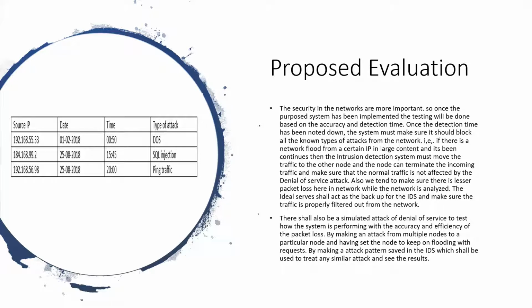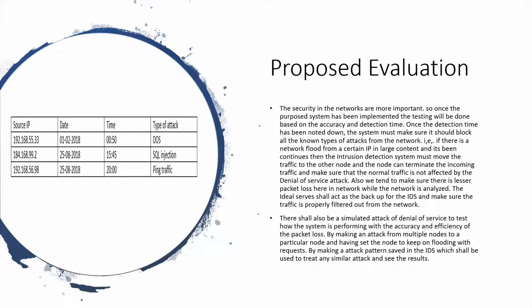Here the types of attacks are the known attacks from previous years. If there is an unknown type of attack, it will show as unknown, but it will still show the source IP, date and time. We also want to show whether the attack has been terminated or is still active, by adding one more column for the status of the particular attack.